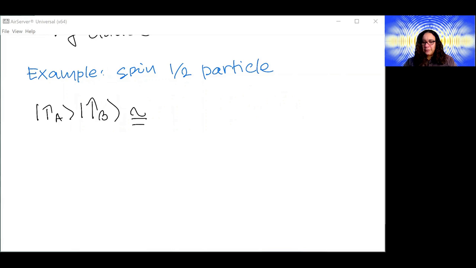I know a lot of people are struggling with that, but this is an important subtlety. So we construct the tensor product and we get a vector with 4 entries, 1, 0, 0, 0. We can do the same for one spin up, the other down. We're going to have (1, 0) times (0, 1), which is going to give you 0, 1, 0, 0.